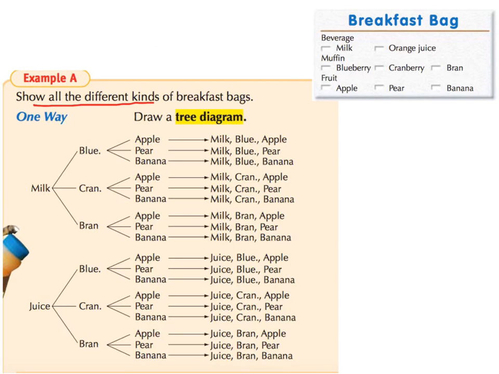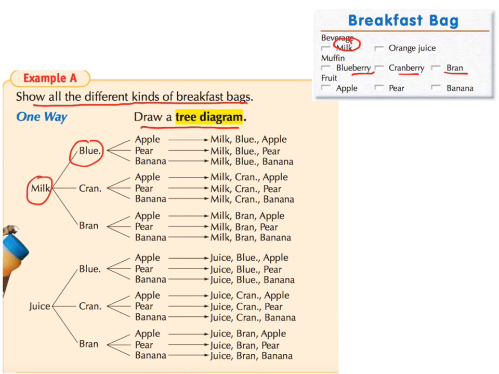Show all the different kinds of breakfast bags. One way of showing it is called a tree diagram. Let's take, for example, you chose the beverage milk. Then to choose muffins, you have three options, blueberry, cranberry and bran.